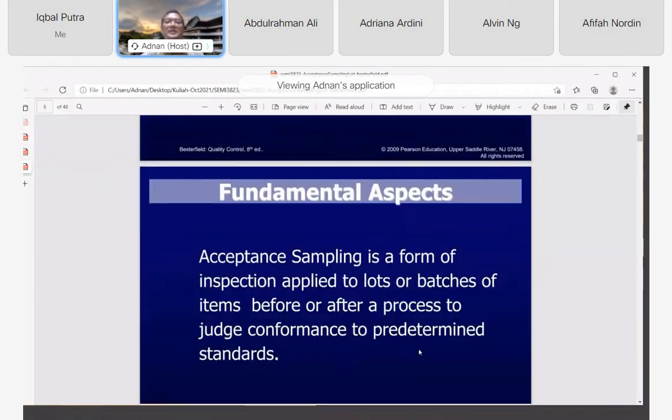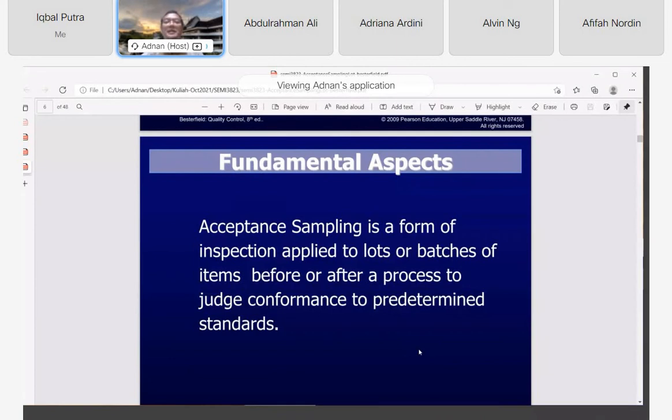We need to understand what is acceptance sampling. Acceptance sampling is a form of inspection applied to lots or batches of items before or after a process to judge performance, to determine the standard. Another way to say it is we make decisions based on a sample.